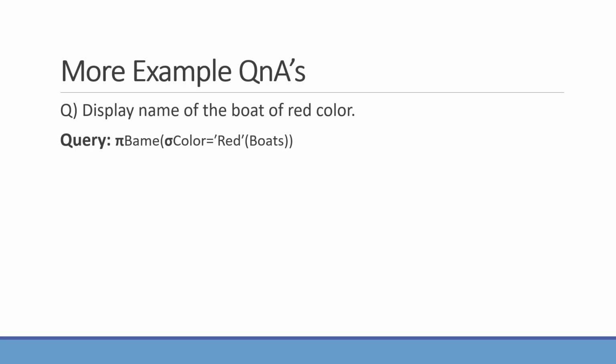So you write pi with BName outside the bracket, and inside the bracket sigma with color, and you write the condition that the color you want is red, in the boats table. So the output will be displayed as BName, and the name of the boat with the red color is displayed, that is Marine. I hope you understood.